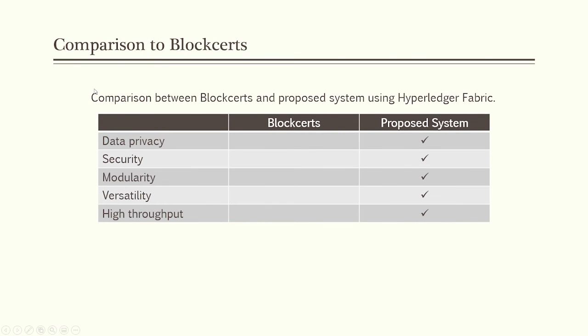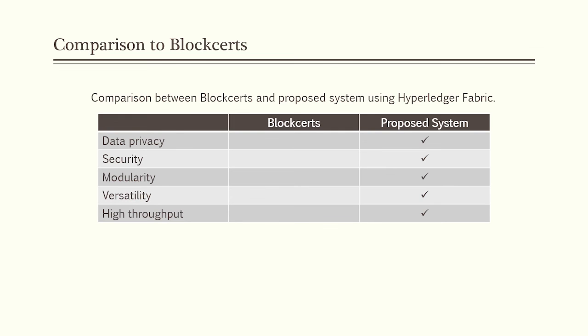There are digital certificate management tools called blockchains. Blockchains such as Ethereum and Bitcoin are used to issue and manage digital certificates. However, our system is promising to be more optimistic because, as I said in the last few slides, Hyperledger Fabric is a permissioned blockchain, so it provides more data privacy.